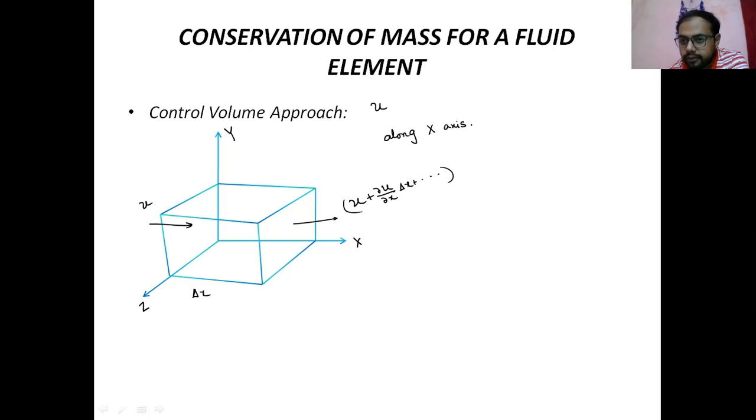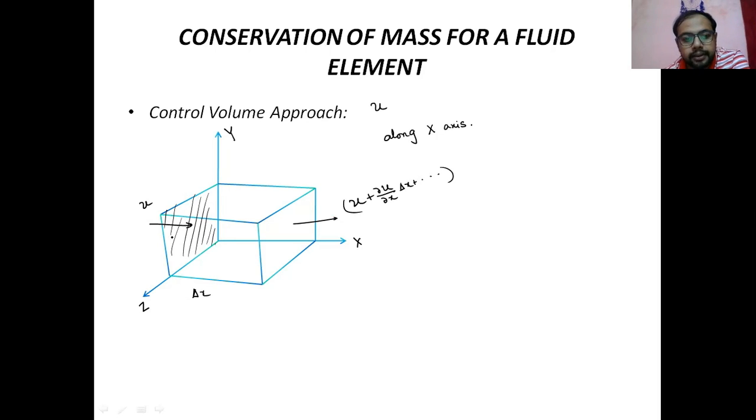It is not uniform. Along x, u is changing, like a Taylor series expansion. That is the velocity. What is the flow rate? The flow rate is the velocity times this area.